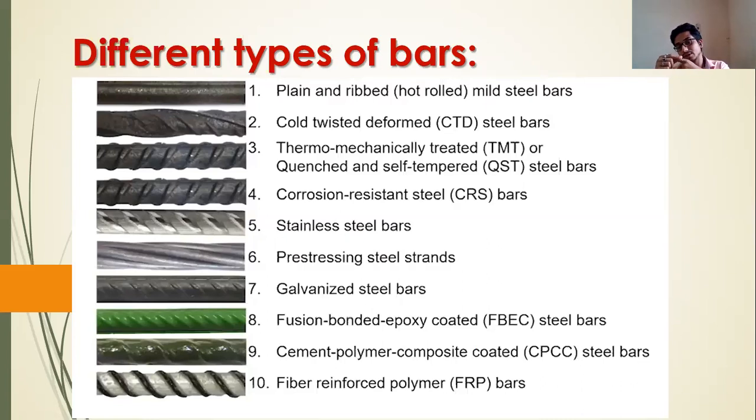The coating, in most cases, has been seen to be affected like this, and ultraviolet rays also play a vital role in this factor. The coating may get affected by the ultraviolet radiation of the sun also. So the cutting and bending of bars should be done before the coating.